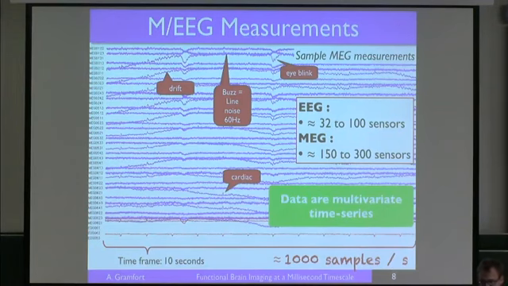You have slow drifts, you have eye blinks because the subject has to blink when staying still for multiple minutes. And you also have the heart of the people: when people are in the system, the heart does not stop beating, so it corrupts the data. So we have this messy input data, and we need to make science from it.